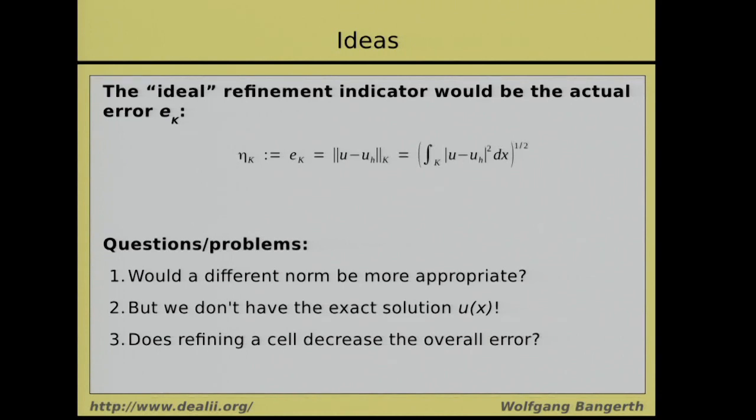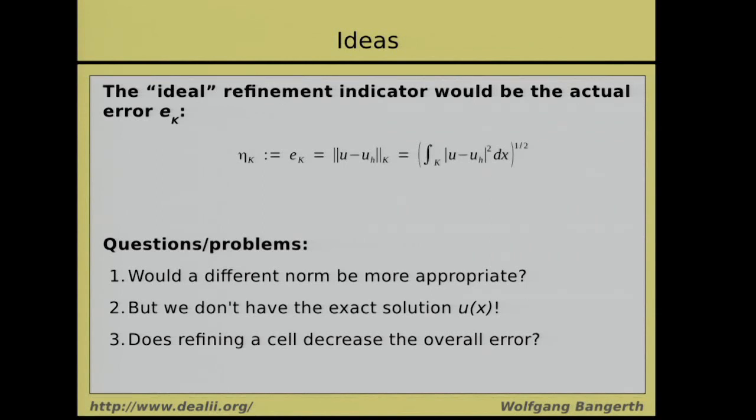And then a, let's say, slightly more philosophical question that's important to answer anyway is, let's say I have a cell with a large error. And my algorithm would say, okay, so even if, let's assume, that I could evaluate something like this, I'm going to get a large eta k. And let's say there are other cells for which the error is small. So I would refine this cell based on the marking strategies that we've talked about in the previous lecture.